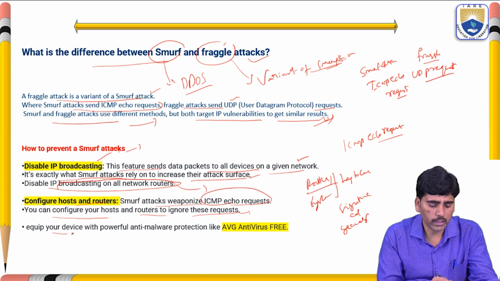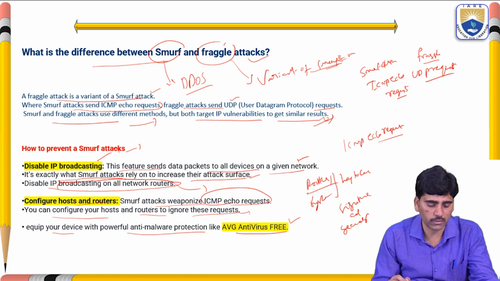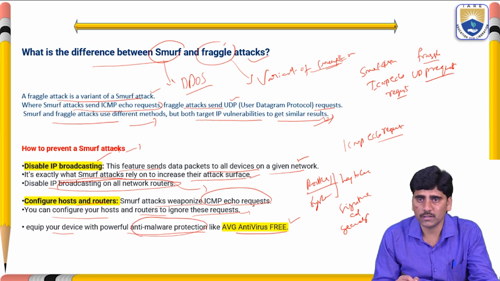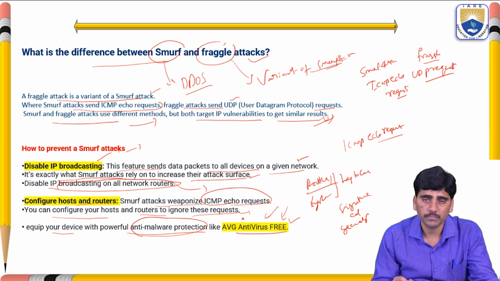And also equip your device with powerful anti-malware protection like AVG antivirus software. This is one anti-malware protection, which provides the software free of cost, but only for a limited time, after which it expires and has to be renewed. Security software and anti-malware protection also have to save your data and your systems from malware.